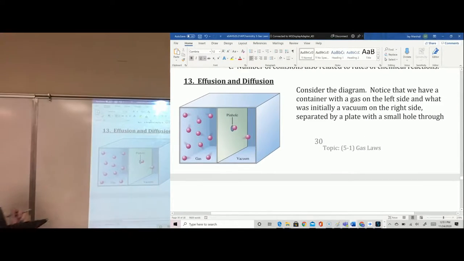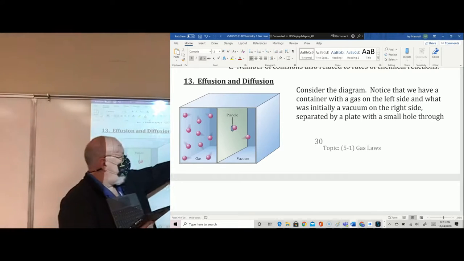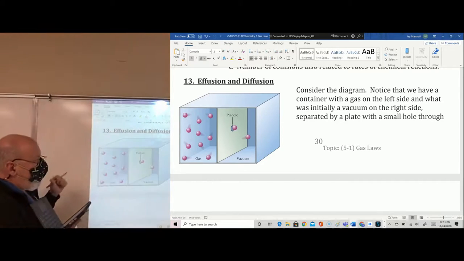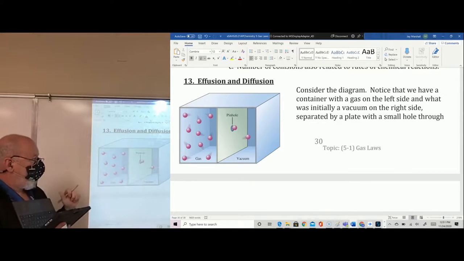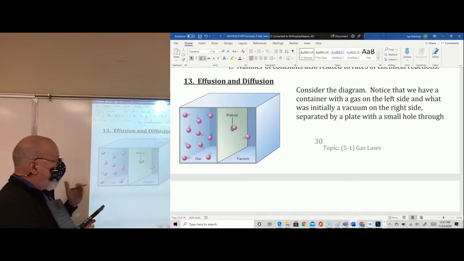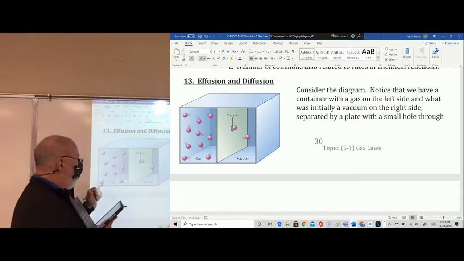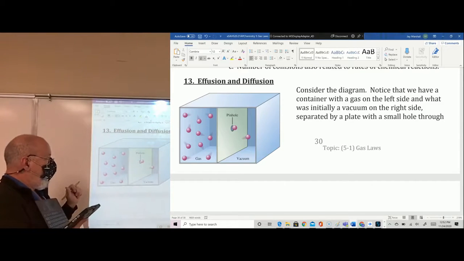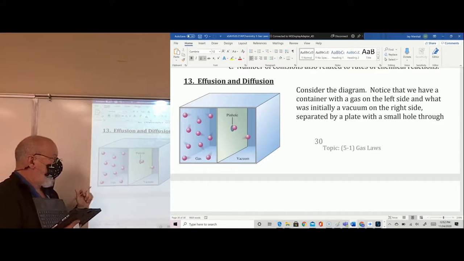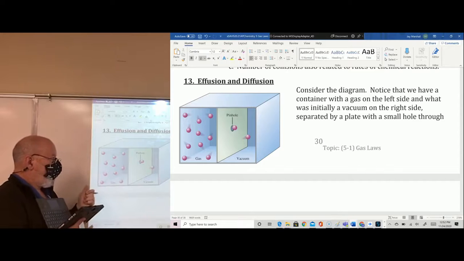Now, this gives rise to some additional properties of gases that we need to think about. So if we look at this diagram here, we have a container with gas on the left side, and let's say initially we have a vacuum on the right side, and the container is separated by a plate with a pinhole in it, and the pinhole will allow small particles through it.